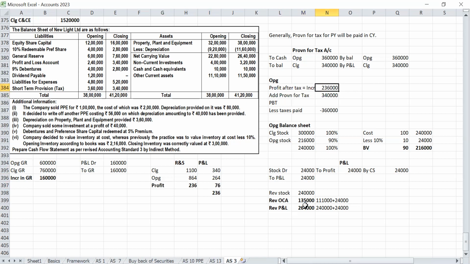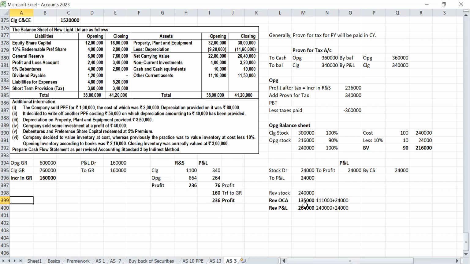You can arrive at it in two ways. First, take the change in total reserves and surplus. Or just take the increase in the profit and loss account, 76, which is the profit for the year, and then 1,60,000 is transferred to general reserve. So totally you will get 236 as the profit for the year. Like that also you can compute.